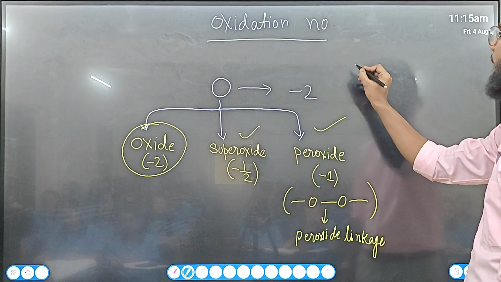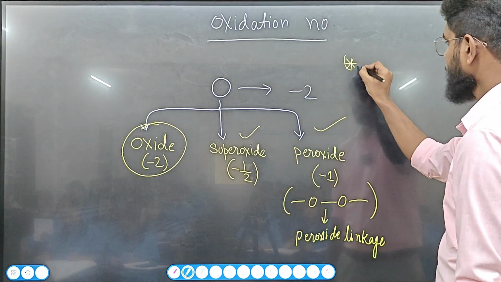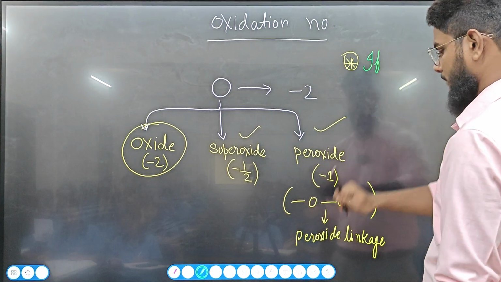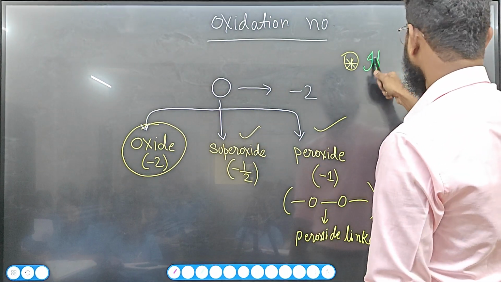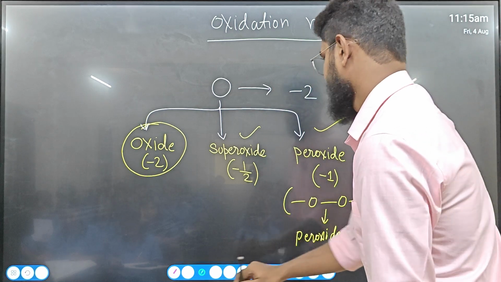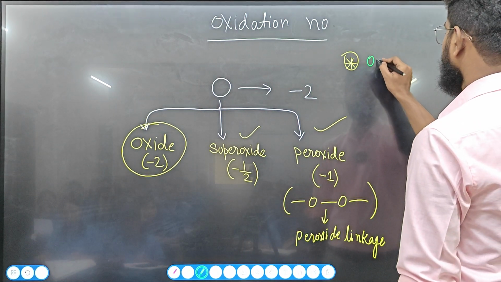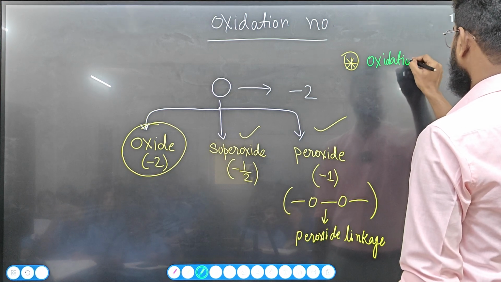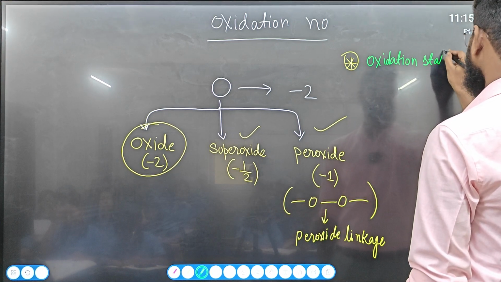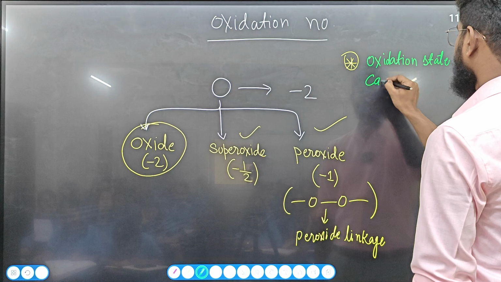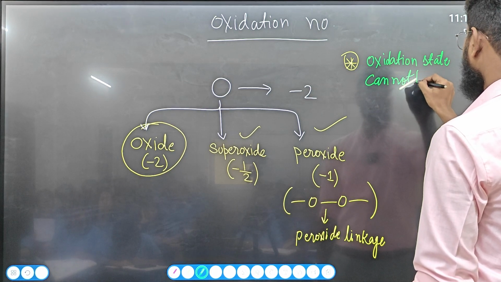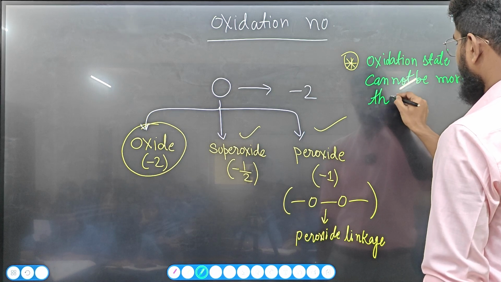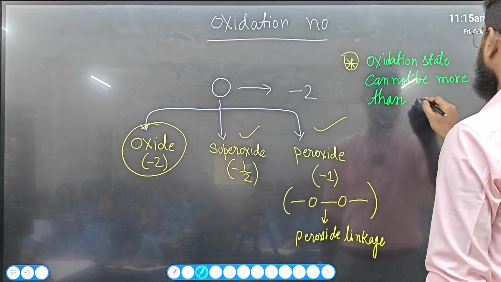Okay, so write one statement. The statement is: oxidation state cannot be more than valence electron.